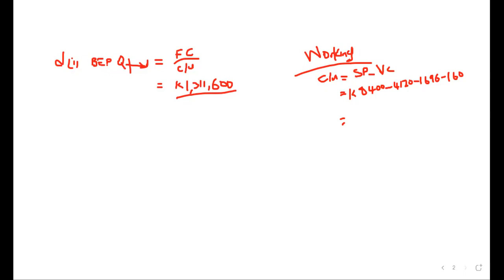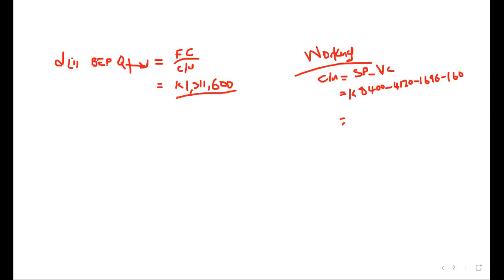So we are saying 8,400 less 4,020 less 1,696. Again, less 160.